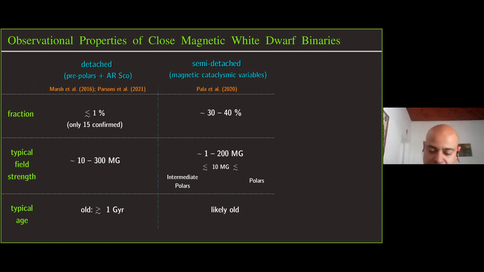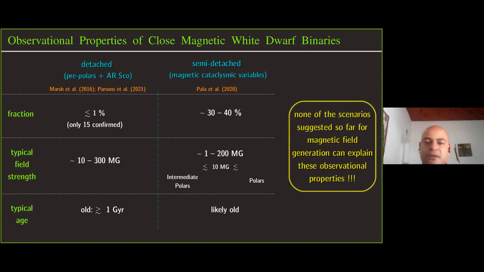So this is an old population. Unfortunately, no model proposed so far for the origin of magnetic white dwarfs can explain these observational properties. And that's what motivated us to develop this model, to precisely explain these apparent discrepancies.